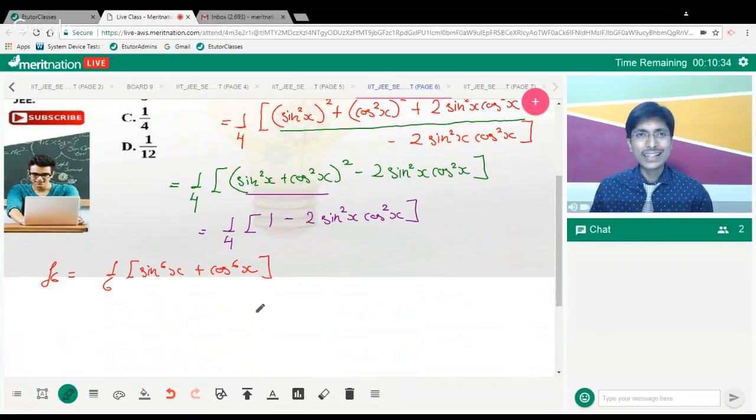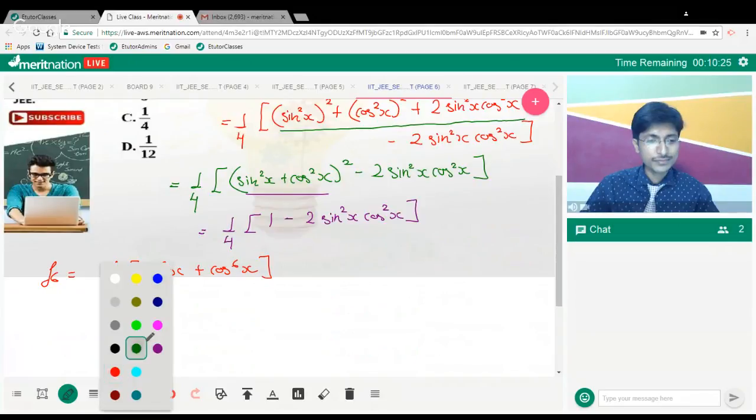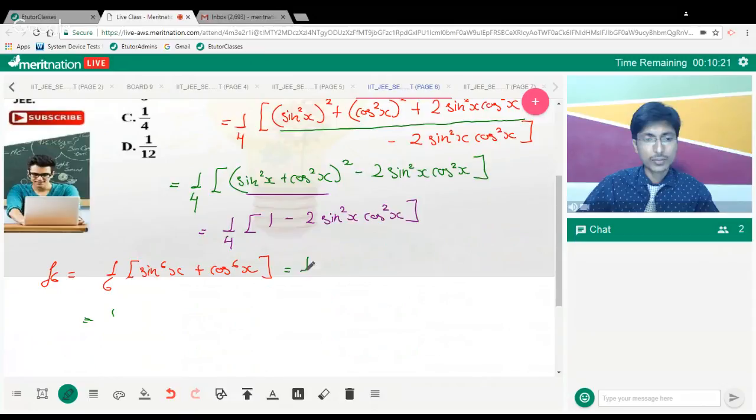So I'll convert it into sine square x whole cube plus cos square x whole cube. So if I write 1 by 6, sine square x whole cube plus cos square x whole cube.